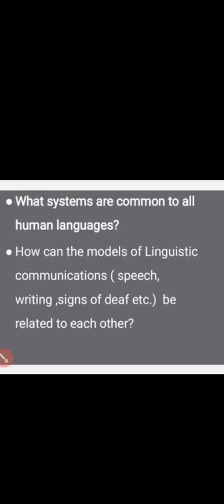How can the models of linguistic communication, like speech, like signs, like writings, with signs here we mean the sign language of the deaf, be related to each other so as to give the unification of linguistics?